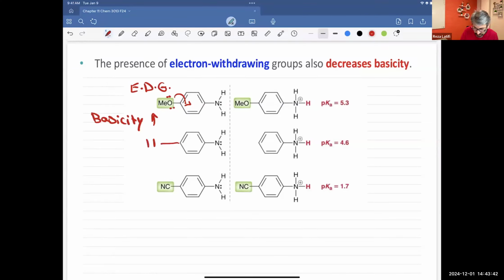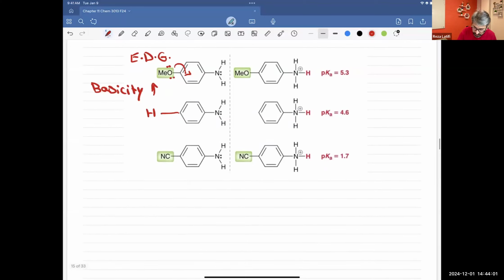The reference is going to be hydrogen. The methoxy group is a more electron donating group than hydrogen. So as you see, the methoxy compound is a stronger base than the benzene ring alone. Now, if you replace hydrogen by an electron withdrawing group, in this case I'm going to say the basicity will go down, but the acidity will go up.